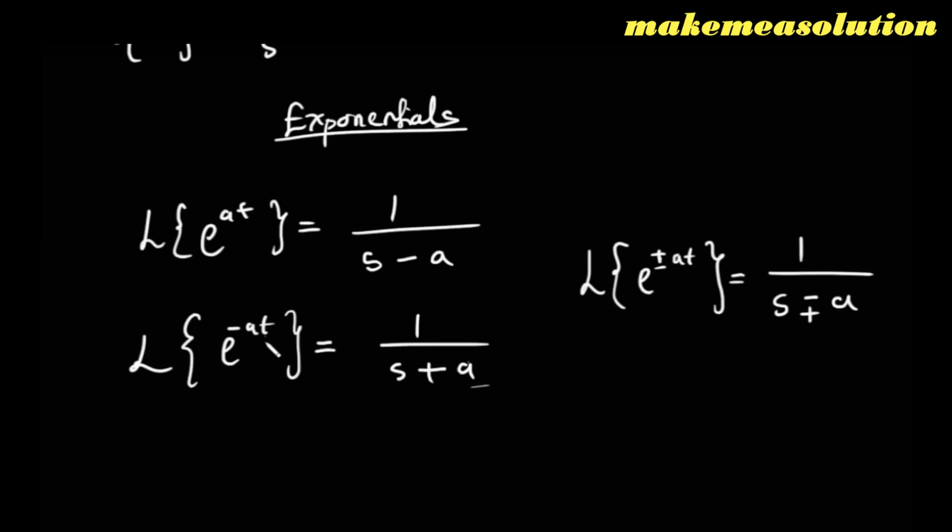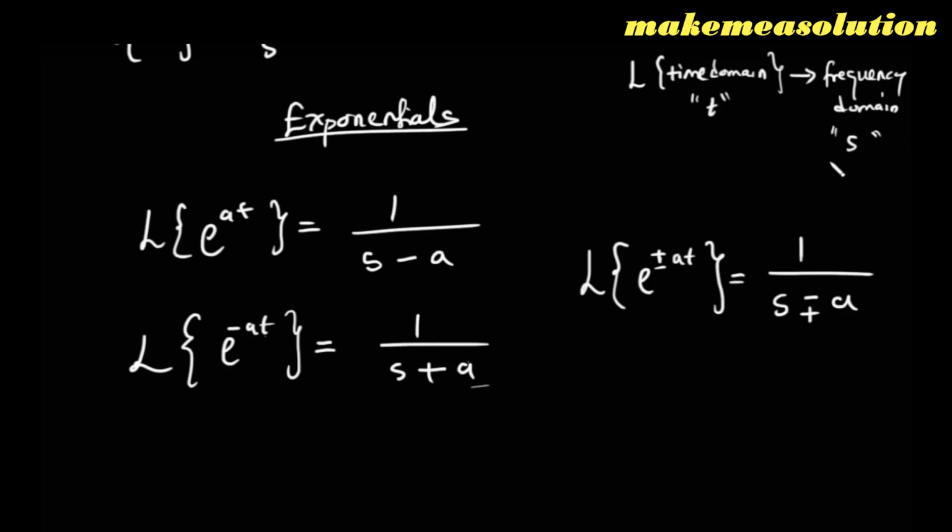So basically what the Laplace transform does is that it converts a function from the time domain to the frequency domain. In the time domain the variable is t, but in the frequency domain the variable is s.